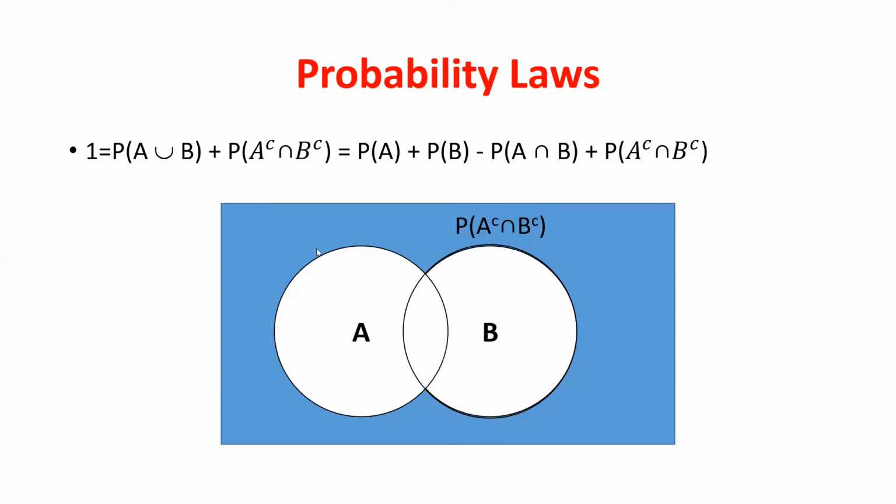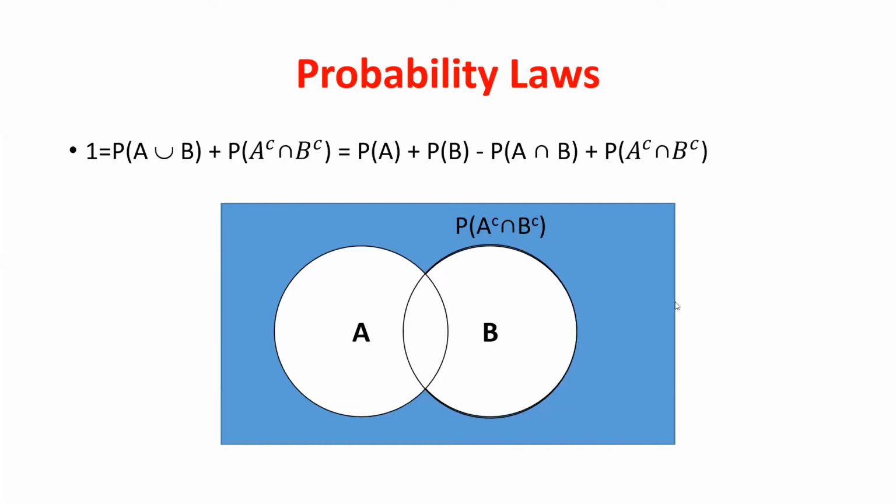Now, everything not in that union is in the intersection of the complements of those events, the A complement and B complement. So the blue plus the white area has to be equal to 1. It fills up the entire experimental outcome space.